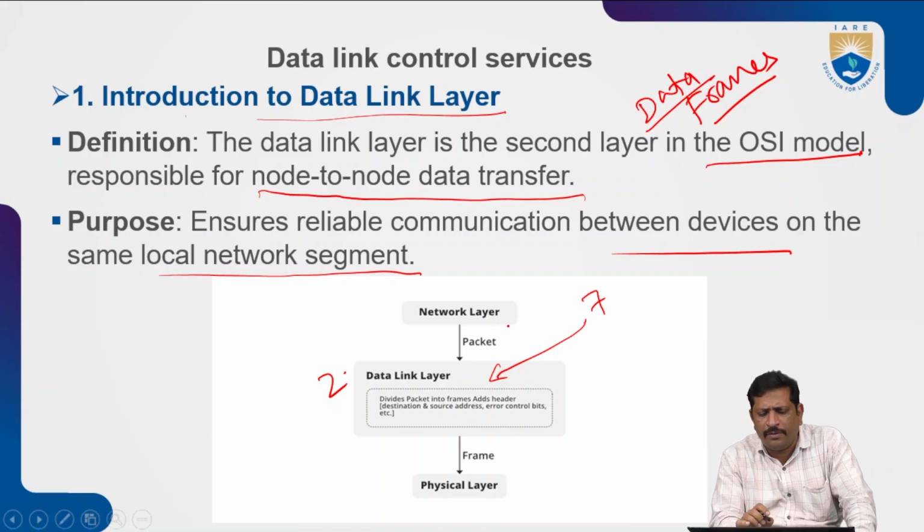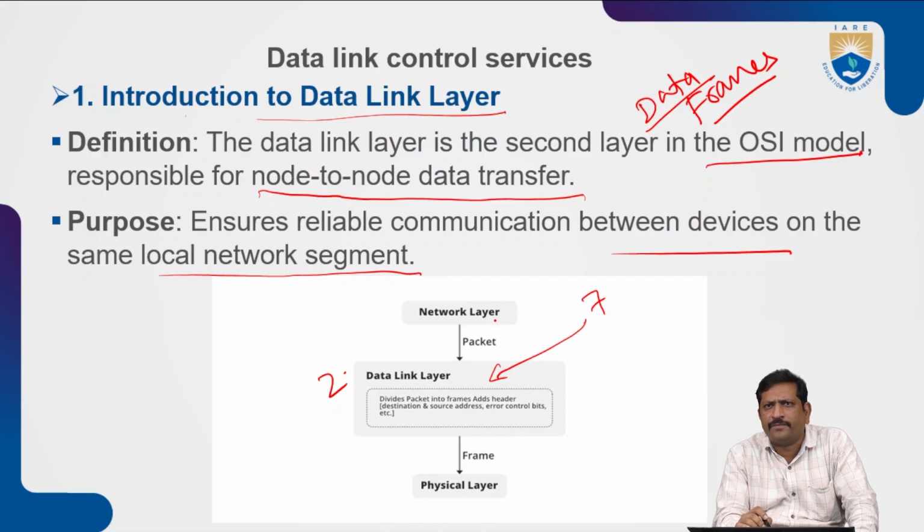The data link layer receives the packets from the network layer. The data link layer sits below the network layer and above the physical layer.